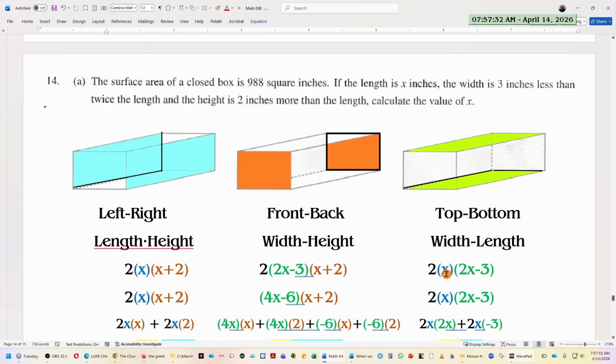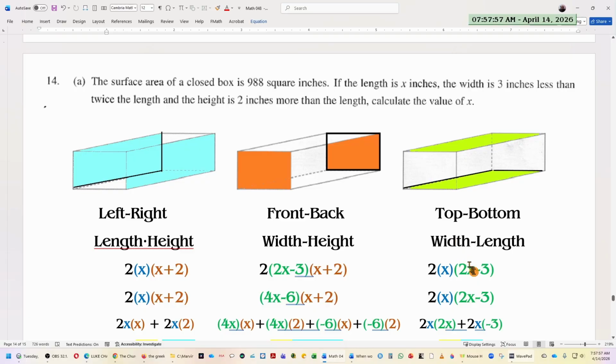So the x represents the length, and the width is, as we already mentioned, 2x minus 3. Notice I'm using blue for the length, the brownish color for the height, and the greenish color for the width to try and show what's going on. So when we multiply these out, this will help us to solve this problem.